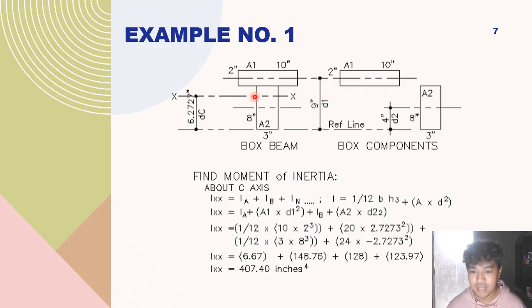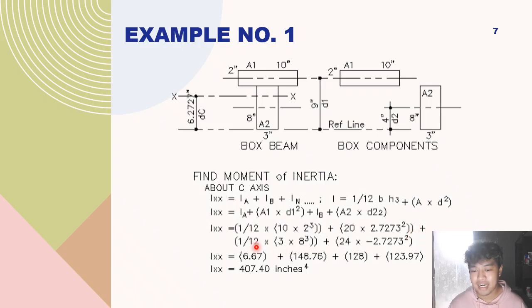Then you have to subtract na lang the distance of the centroid from the reference line, 6.2727. So that will give us 2.7273 inches. So we square that one for the transfer formula.